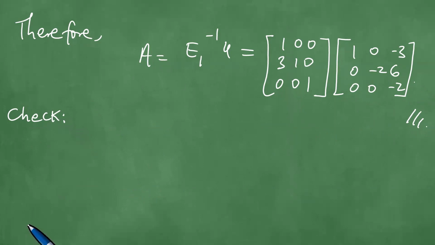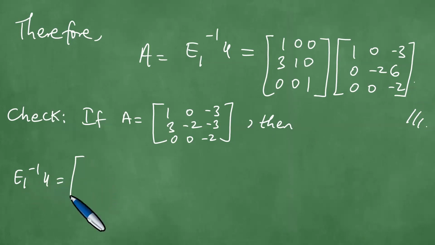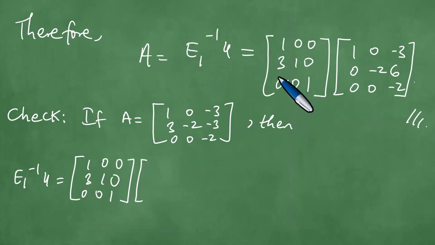In other words, if A, we know very well, is the matrix 1, 0, negative 3, 3, negative 2, negative 3, 0, 0, negative 2, then we can be in a position to achieve the inverse of E1, which is 1, 0, 0, 3, 1, 0, 0, 0, 1, which is exactly the E1 inverse, and the upper triangular matrix U, which is 1, 0, negative 3, 0, negative 2, 6, taken exactly from here, 0, 0, negative 2.